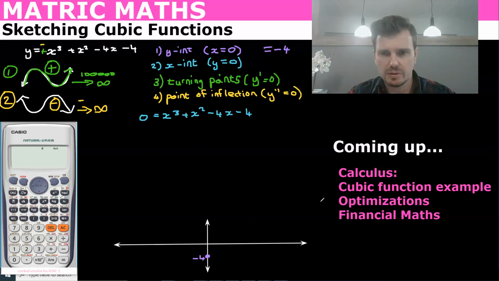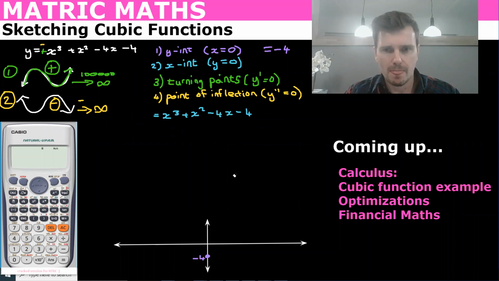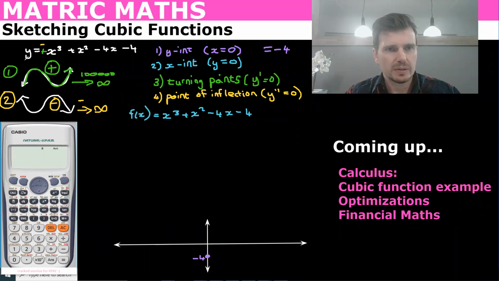And so I would say, first of all, here, if this is f of x, so this is the function, instead of saying y equals, I'm going to say f of x. And you'll test.